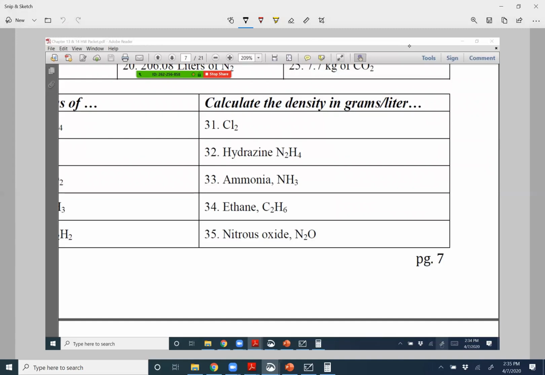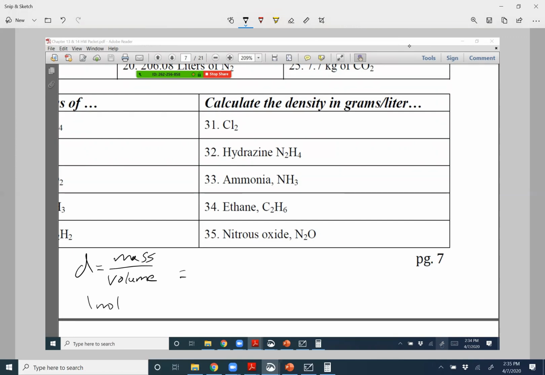Why is that? Well, remember that density is equal to mass over volume. So in this case, we don't know the mass, we don't know the volume. All it told us was the identity. So why don't we just assume we have 1 mole of it?